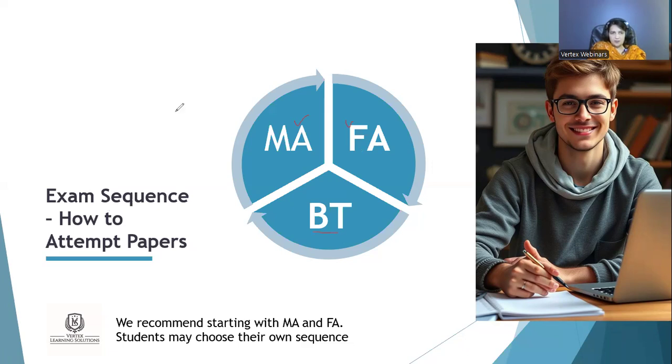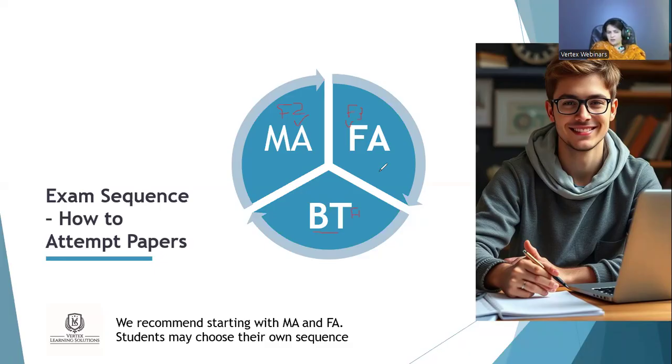MA is also called F1 here. This is called F2. ACCA doesn't say it has to be F2 and then F3. So you can go with any sequence. Some students start with FA first, like F3 first. No, it's all up to you, whatever you want.